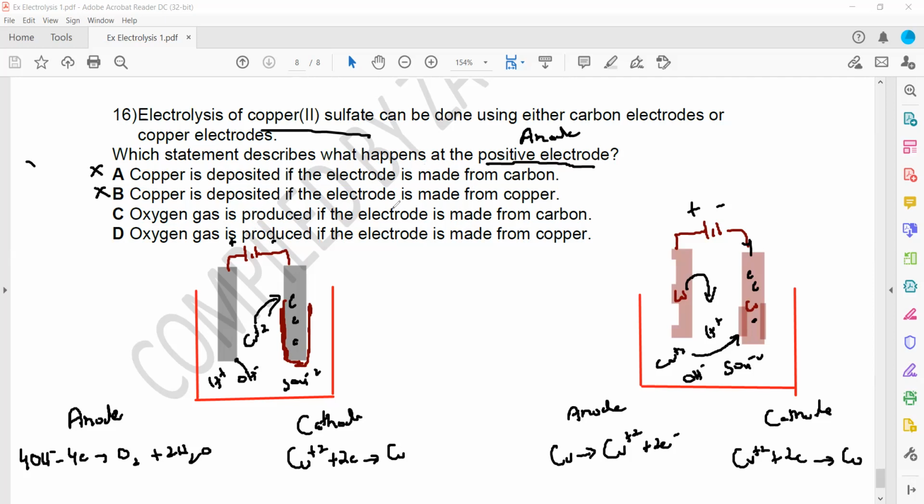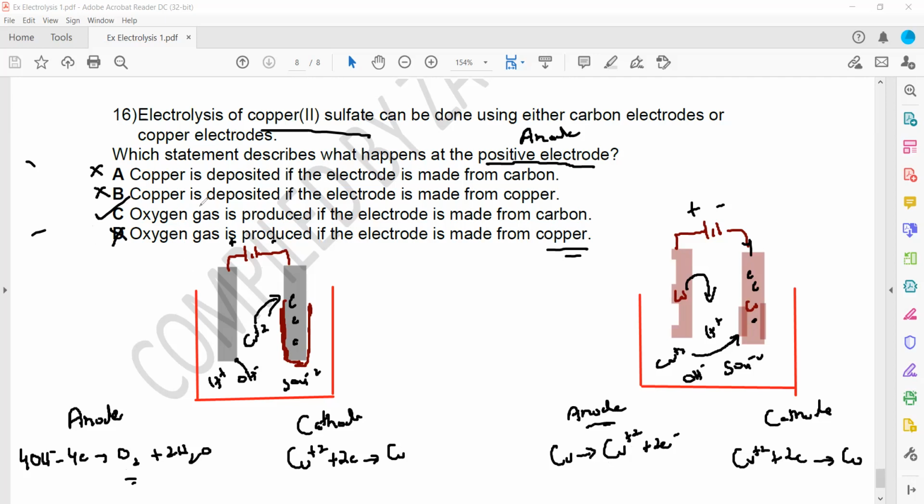Then oxygen is produced if the electrode is made up of carbon. You can see when we are using carbon electrodes, oxygen gas is produced. That's why C is the right answer. And oxygen is produced if electrode is made up of copper. That's wrong. Oxygen is not produced at anode. Basically, copper atom turned into a copper ion when we are using copper electrodes.